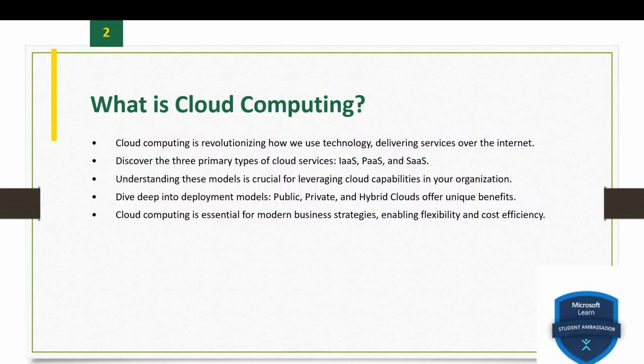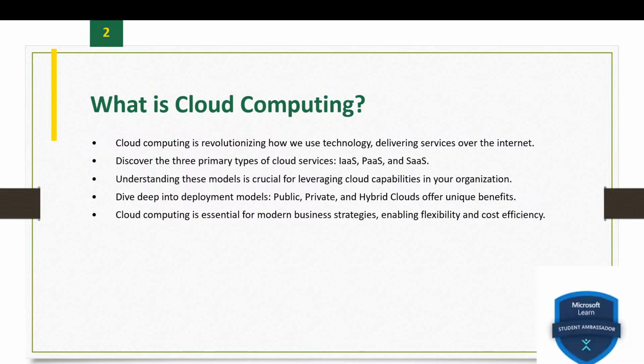And fifth one is measured service. Cloud computing resources are metered and users pay only for what they use. This pay as you go model provides cost efficiency, allowing organizations to manage their IT budget effectively.